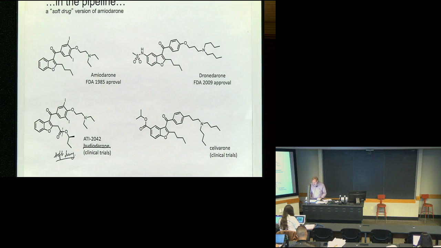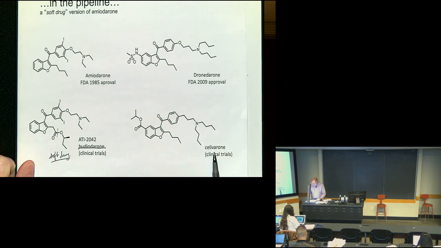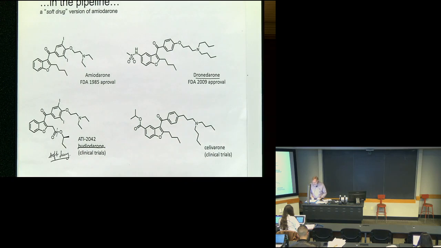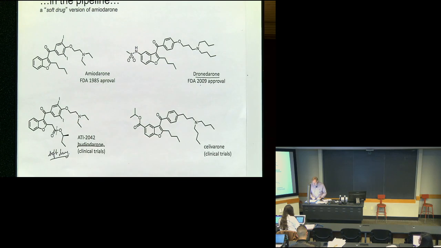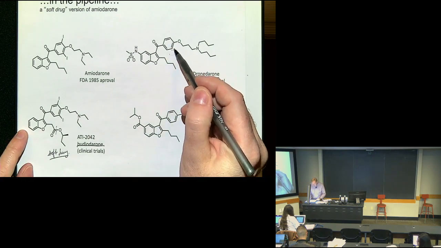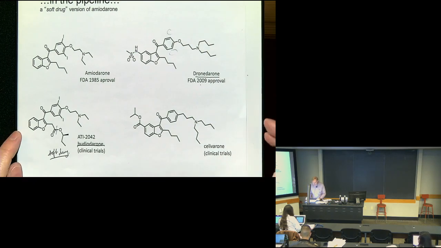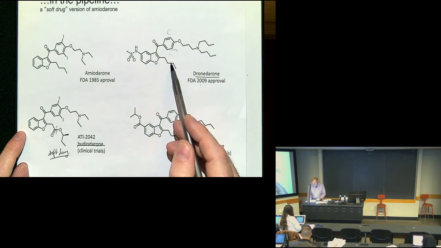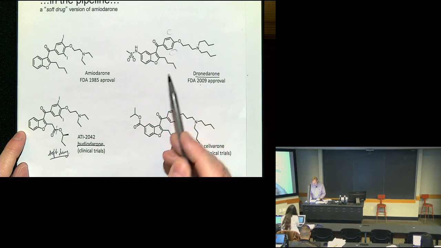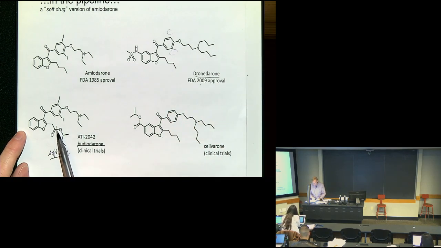There are others in this class, some in clinical trials, some approved, like dronedarone. A little bit more recent than amiodarone. But you can see it's lacking the iodines, so I talked about how those weren't really essential for the structure. But you can see a lot of the same similarities. This butyl group that comes out that's disrupted by introducing that ester.